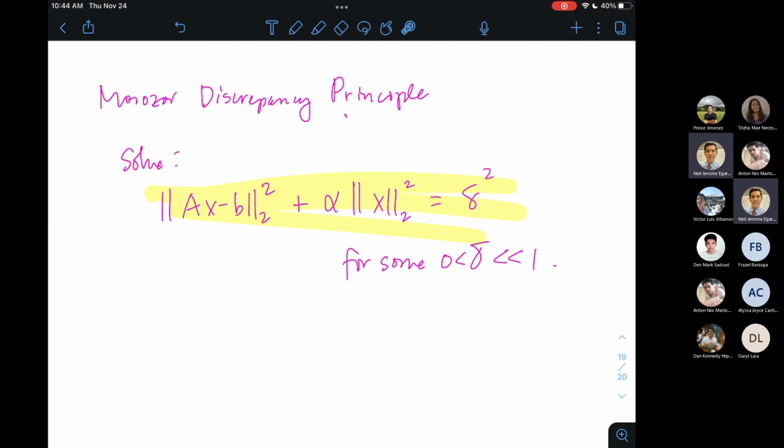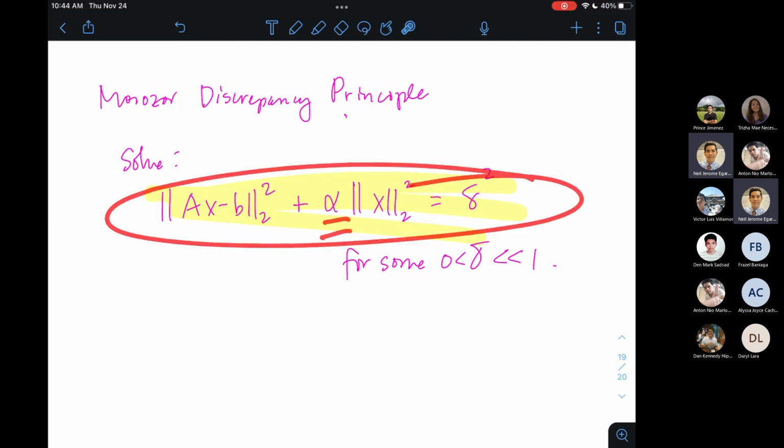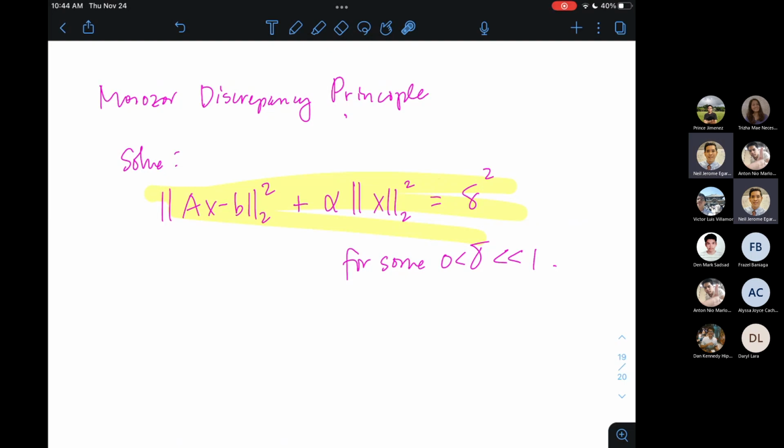Tapos ang i-so-solve ng Morozov routine mo ay ano yung mga components ni x at components ni alpha that will make this equation true. And we do it, as I've mentioned, using an iterative technique called Newton's method. So meron pa rin, manghuhula pa rin siya up to some point, pero yung panghuhula niya ay towards the minimizer.